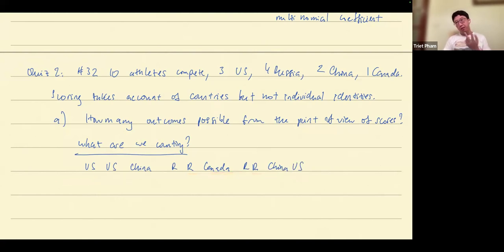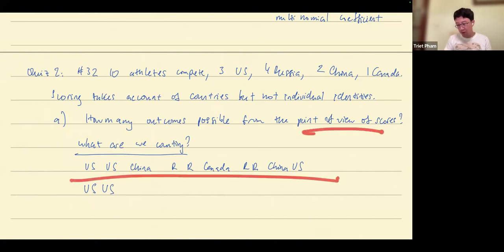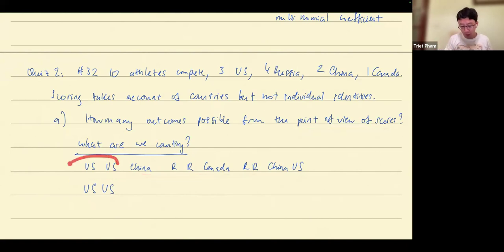And then we can imagine that these are, of course, different individuals from US. And it could have been that this athlete right here, athlete number 2, outperforms athlete number 1. In other words, the outcome is reversed within these two athletes. But from the country's point of view, I don't know what they mean by view of scores, it's still the same ranking, because it's the 2 US on top, followed by China, etc.